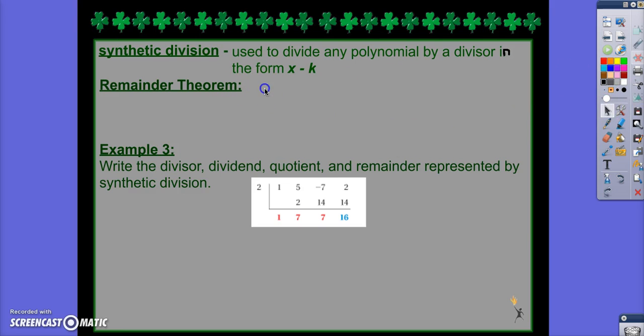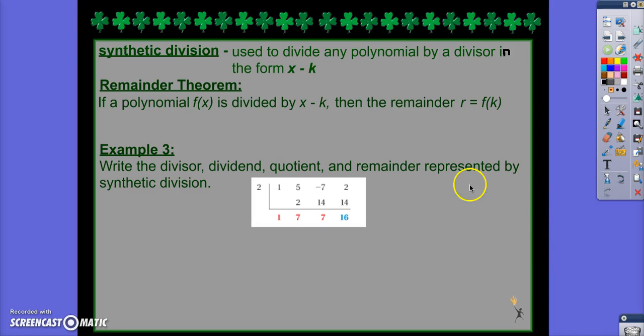The remainder theorem: if a polynomial f of x is divided by x minus k, then the remainder r equals f of k. So make sure you copy this in your notes. It has to be in the form x minus k.